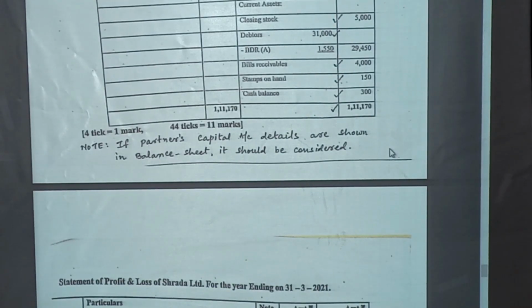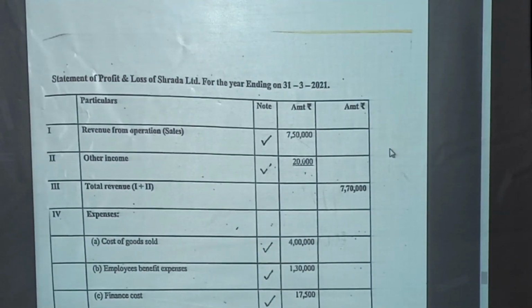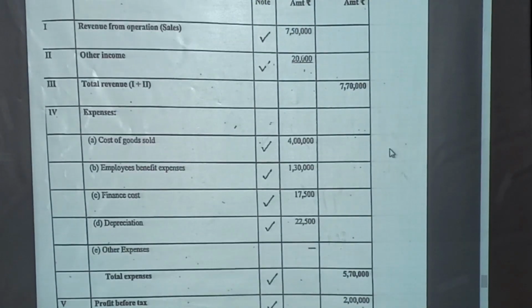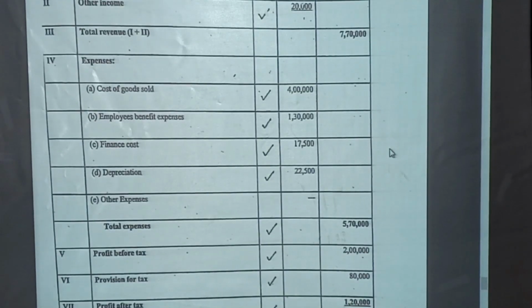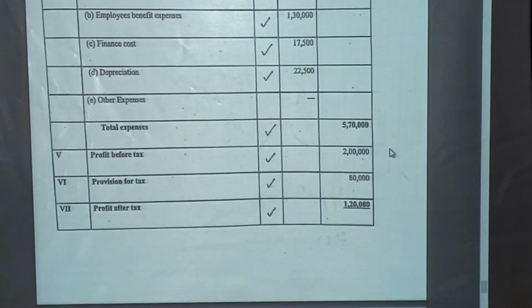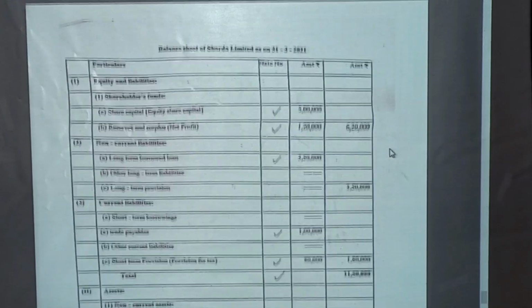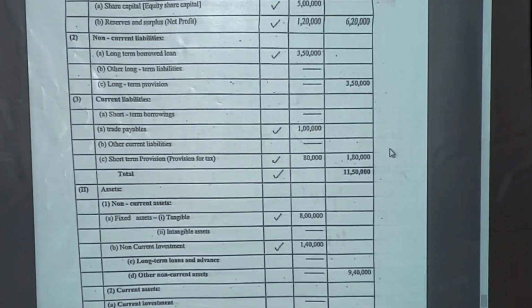Next question, the last question of the paper, company's final account, question number 48. In this question, there are approximately 22 entries, and for 2 entries students can get 1 mark. Students need to prepare the profit and loss statement as well as the balance sheet of the company. The balance sheet has 2 parts: equity and liabilities, and assets.